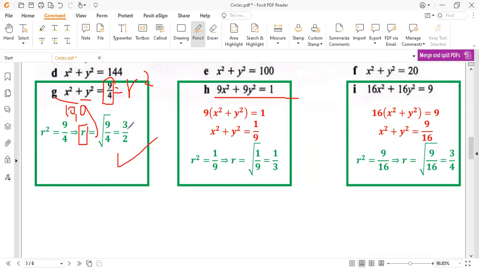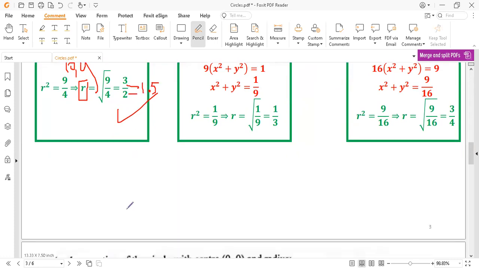So r is 3/2, which is 1.5. How do we use it? We use the compass. We put the origin (0, 0) at the center, and from the center we open our compass to a radius of 1.5 units, and we draw our circle. Good.